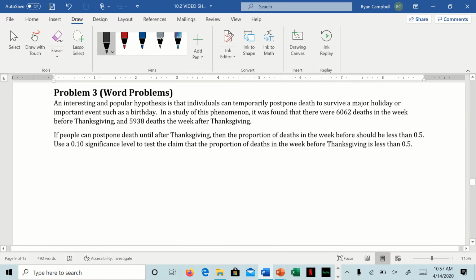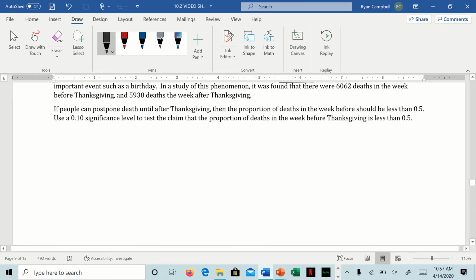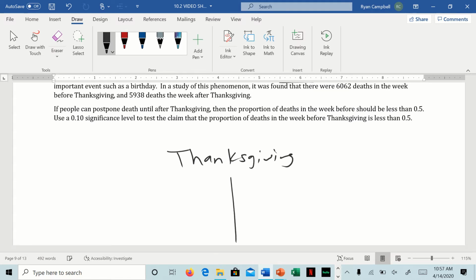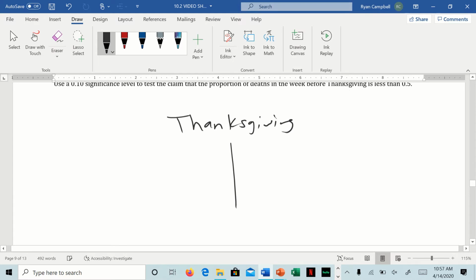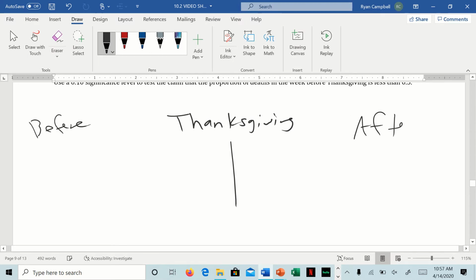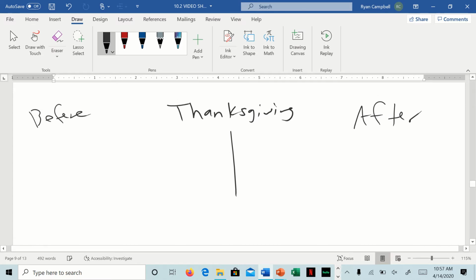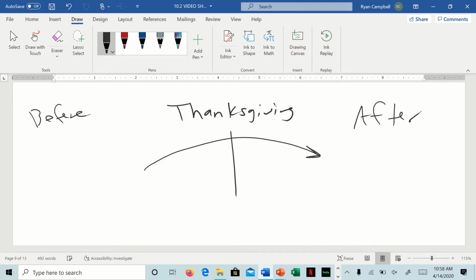Okay, so let's think about this. The idea is that you can postpone death, so you want to see all of your family one more time before you die. If this is true, and arguably people want to have that big event, that's saying that more people should die after than before.